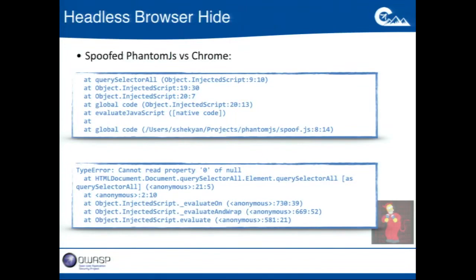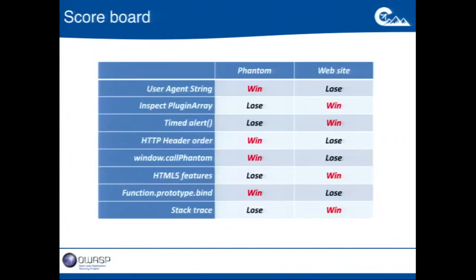So the scoreboard. And there's another observation. As you can notice, Phantom.js puts a full absolute path to the file, which is the actual Phantom.js script, on the last line. So we will use that knowledge later. This time, Phantom.js will definitely lose on the scoreboard. We actually have many other ways to fingerprint a browser.